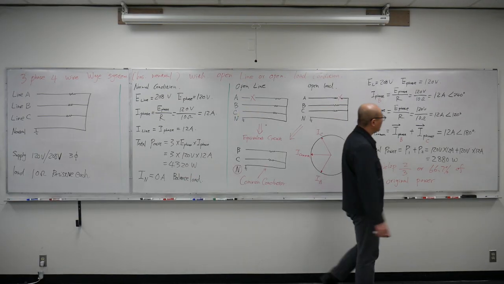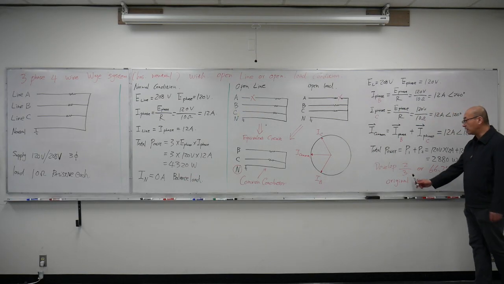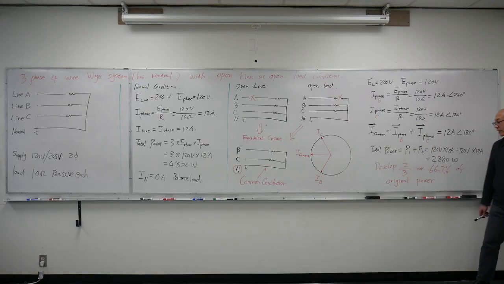We can see that because we only have two loads working, they develop about 2/3 of the original power, or 66.7% of the original power. If you remember from the last lesson, with a single phase situation we only had 50% power, but when we have the neutral down there, we have 2/3, or 66.7%, of the power.